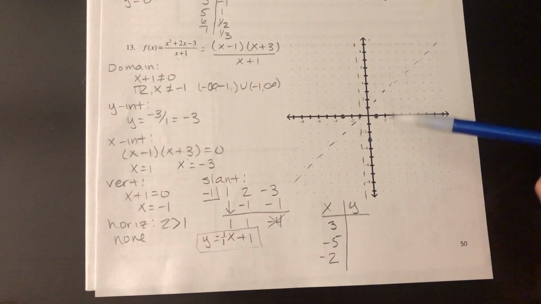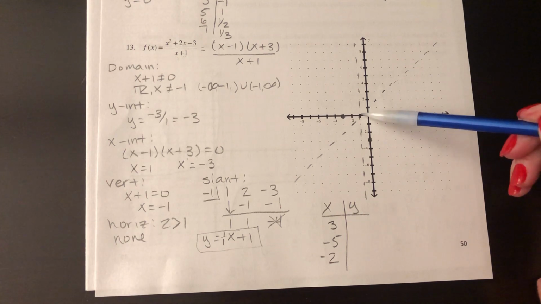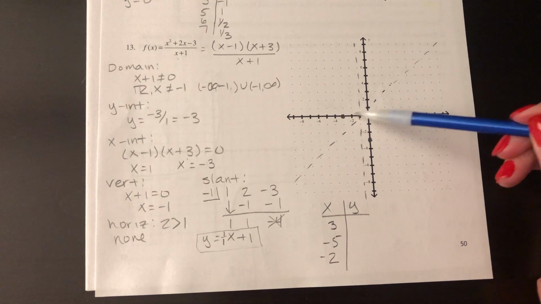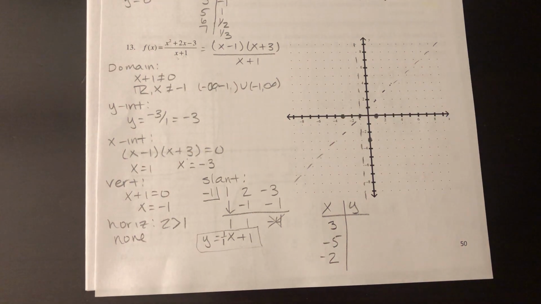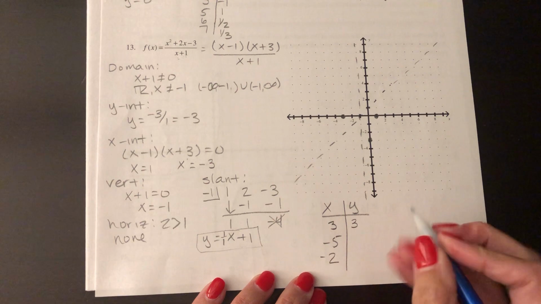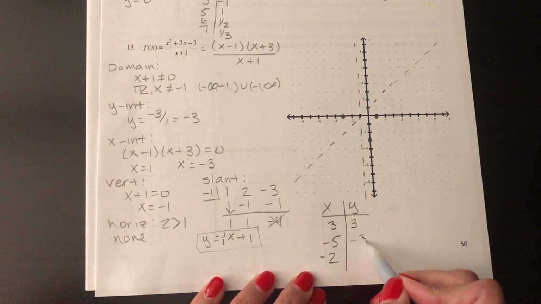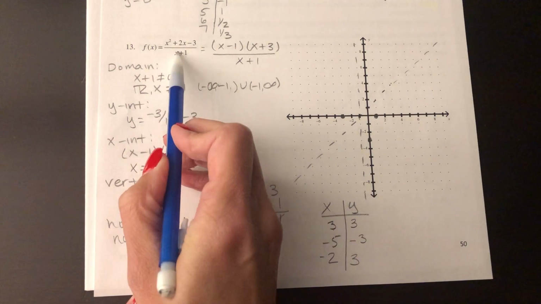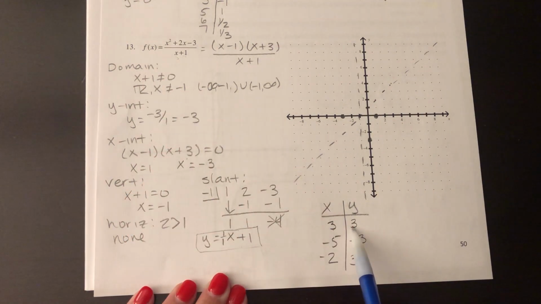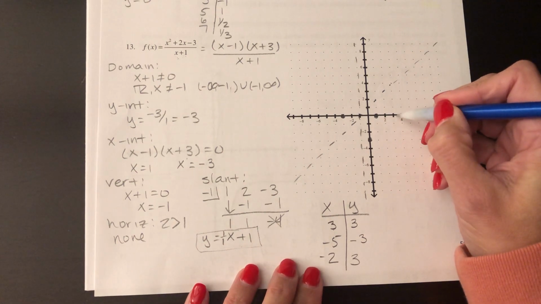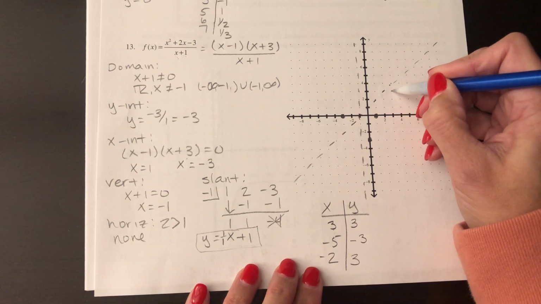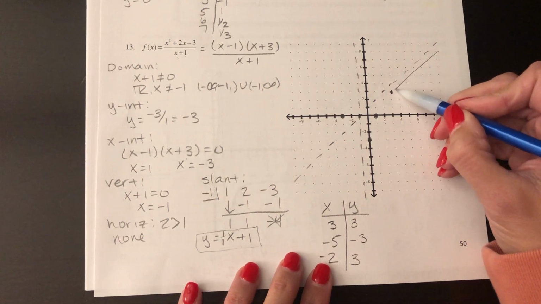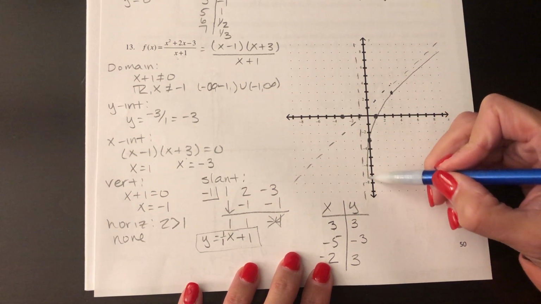We're filling in some numbers around the x-intercepts and the vertical asymptotes, so around these 3 points there. So plug in 3 into your equation, simplify it, and you get 3. So 3, 3. And you can see what this is going to look like here.